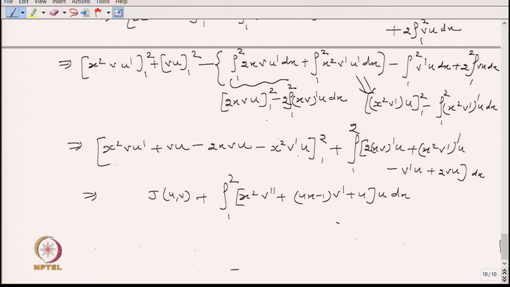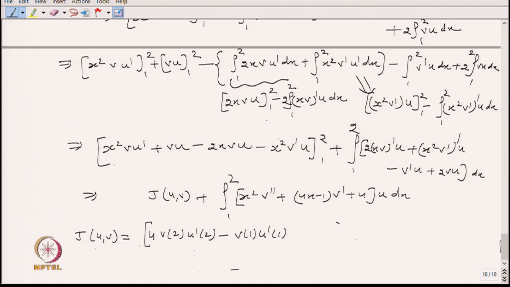Now I can define my J of u, v by putting in the limits. So it will be 4 v2 u dash 2 minus 1 v1 u dash 1.